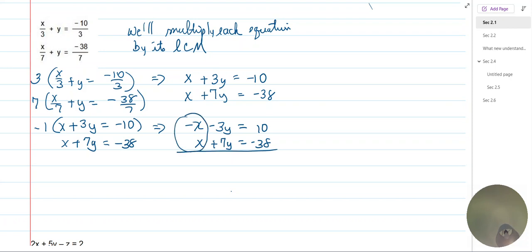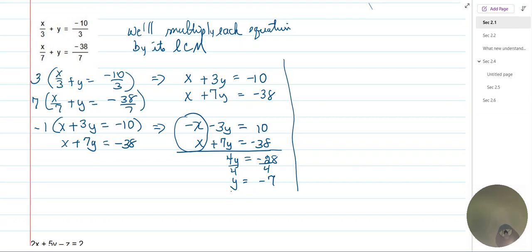This zeroes out, so I'm left with 4y, because -3y plus 7y is 4y, equal to a -28. I'm sorry. Bad math. Now I'm going to divide by 4 so that y is a -7. 7 times 4 is 28.